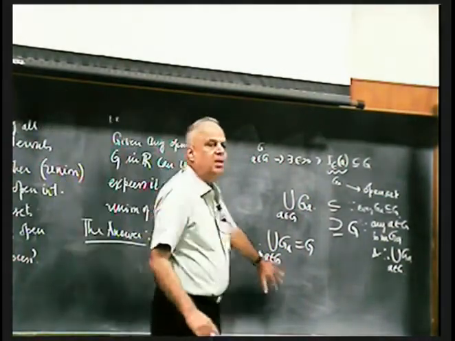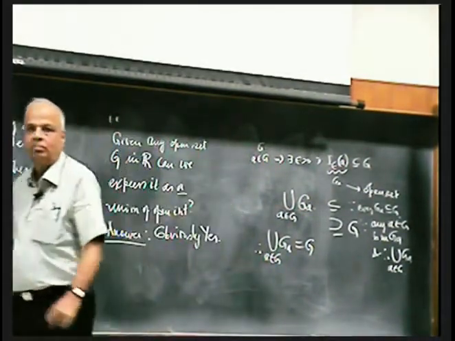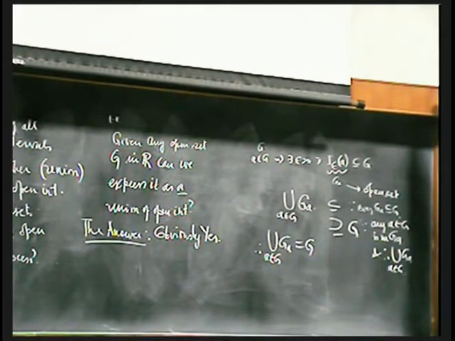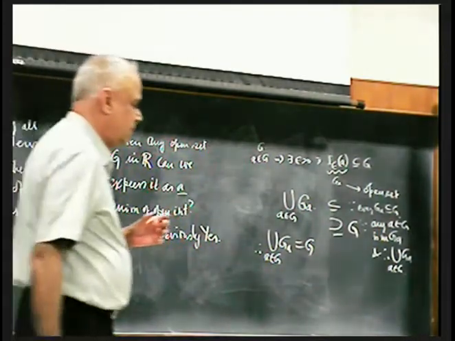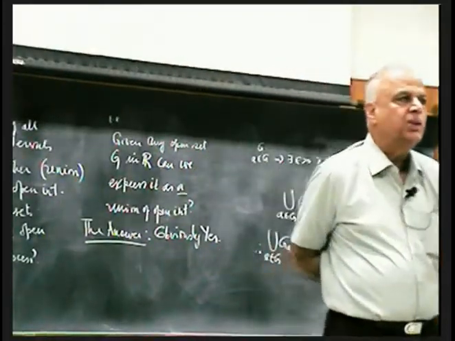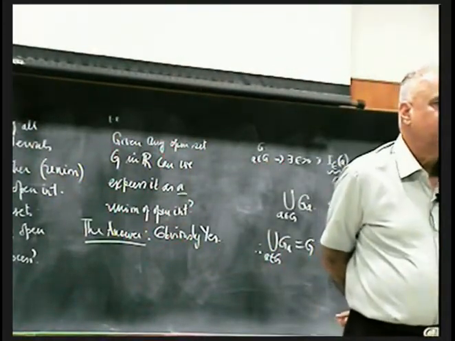And now there is a finer result of this in real life. Suppose I take an open set which has an uncountable number of elements, then I will have to take an uncountable union here. Whenever I want to do a building process, the simplest building process is putting a finite number of things together.